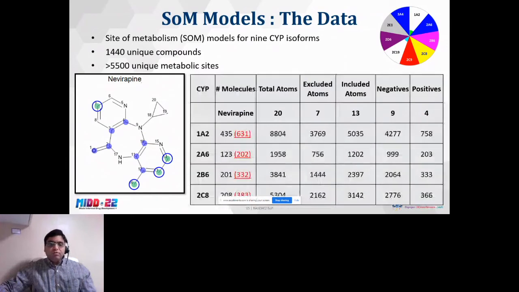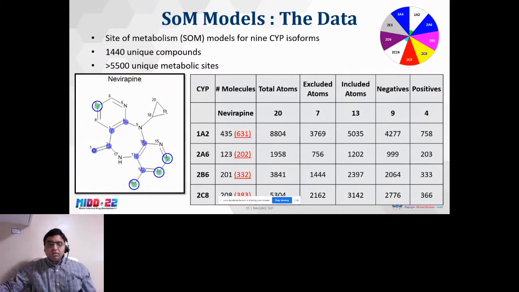So if we see all these different data sets we have for different isoforms, we can see that we have more negatives and fewer positives. And when I say 5500 unique metabolite sites, I'm talking only about the positives throughout all 9 isoforms.